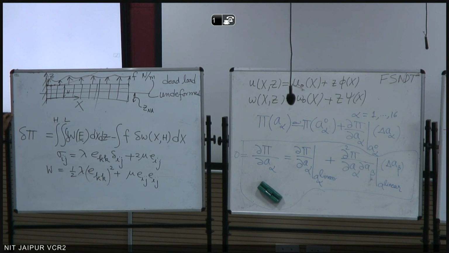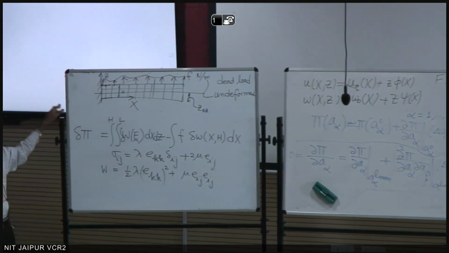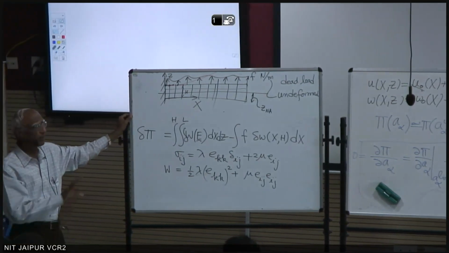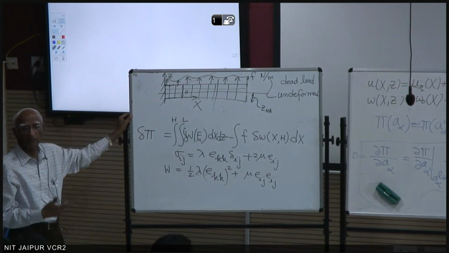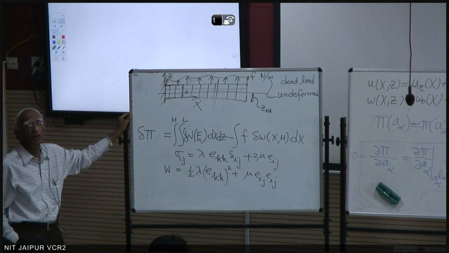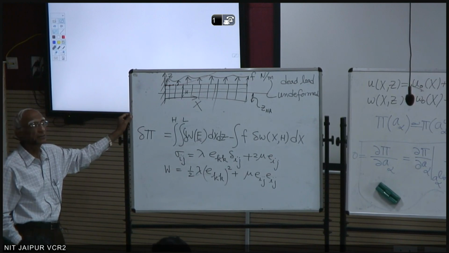So the choice I gave you, you may have to modify it a little. Well, that will be a constraint on those A's, right? Yes, he's right, we will need to satisfy that boundary condition. So we will need to choose W's and U's such that the boundary conditions are satisfied. So that will impose a constraint on our 16.